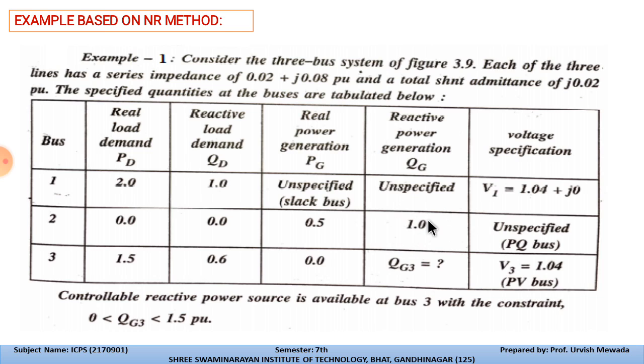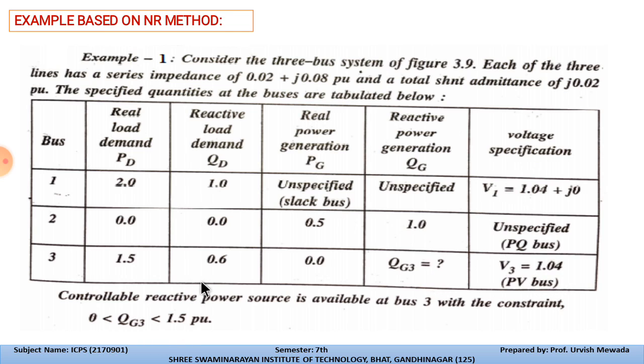Reactive power generation QG is 1.0, and the voltage is unspecified because it is the PQ bus. Now bus number 3: the real load demand is 1.5, the reactive load demand is 0.6, the real power generation PG is 0.0, the reactive power generation QG3 we need to calculate, and the voltage specification V3 is equal to 1.0 because this is the PV bus.